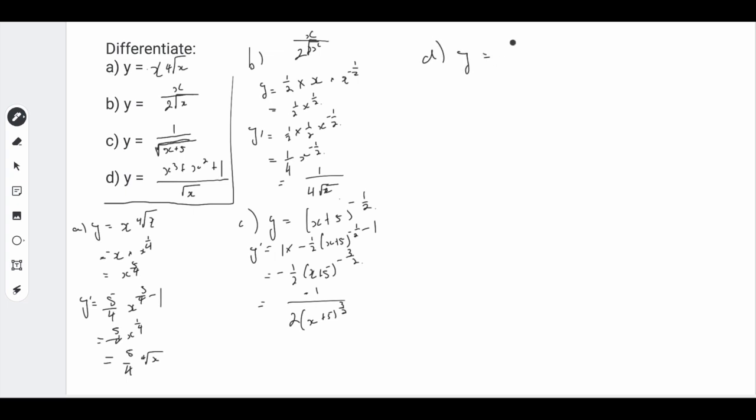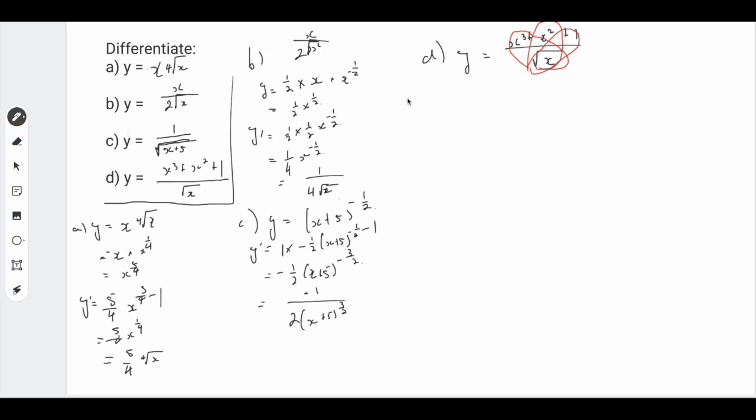And finally, part D. So we've got y equals x cubed plus x squared plus 1 divided by root x. And we're going to use those bunny ears, except it's going to have, I guess, 3 bunny ears. But still bunny ears regardless, right?